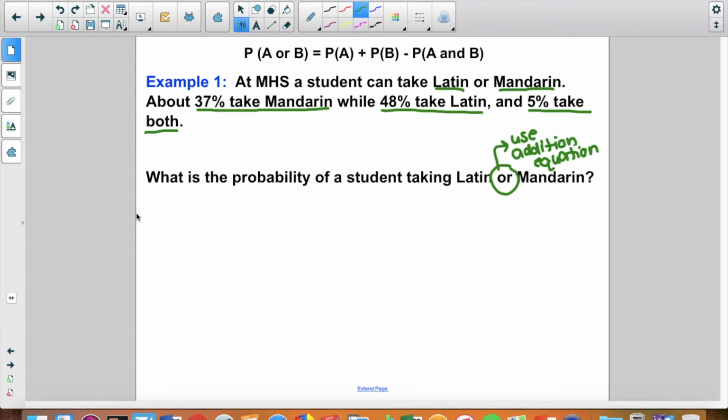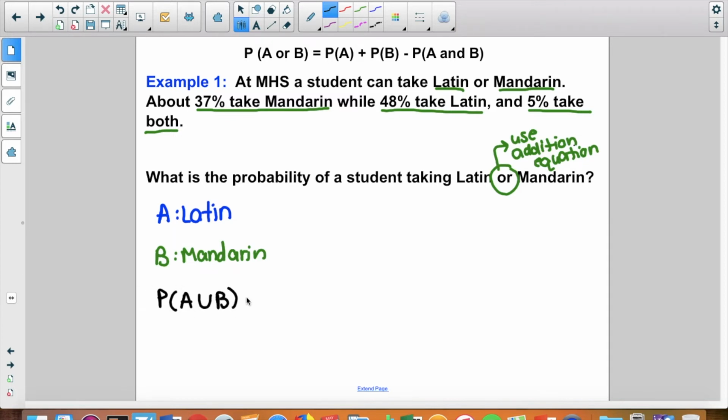So first things first, let's identify event A and event B. So let's say A is Latin. Let's say that B is Mandarin. Now we are going to use the equation. I'm going to use the notation, so OR is union.